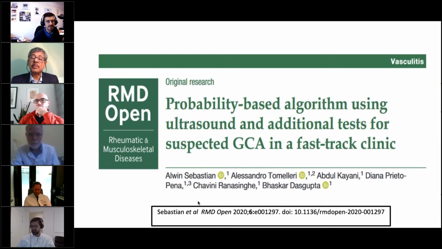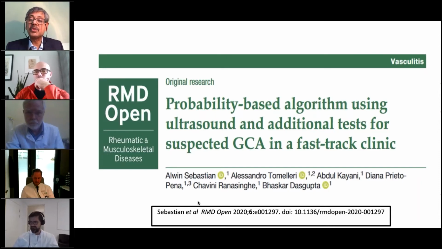And then I'm going to talk about how we can actually use quantitative ultrasound to make assessments, not just of diagnosis, but really of monitoring and of disease prognosis. This is work in construction at the moment, but nevertheless, it's an exciting area that we need to, as GCA enthusiasts, get into. So first, the probability-based algorithm.